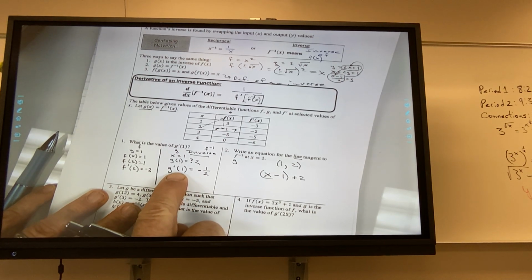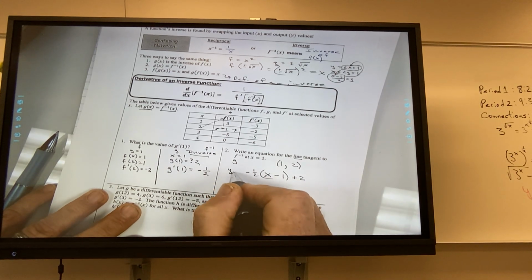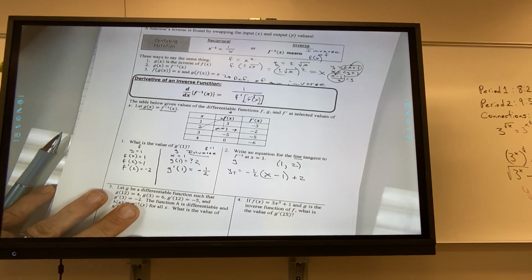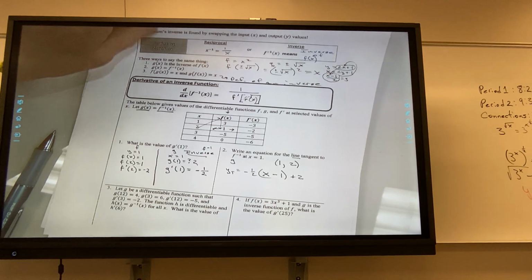Yeah. Okay, because that's the inverse. So I have a negative 1/2. Okay? All right, let's take a look at this one.